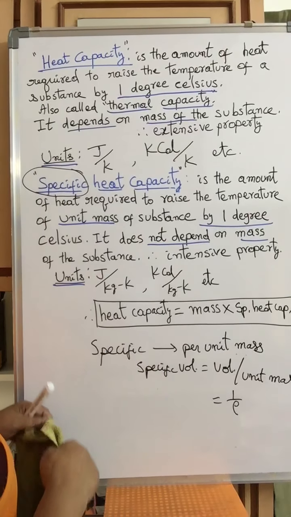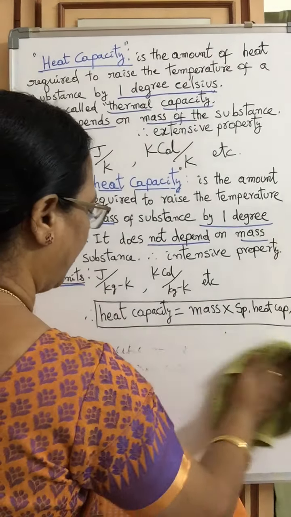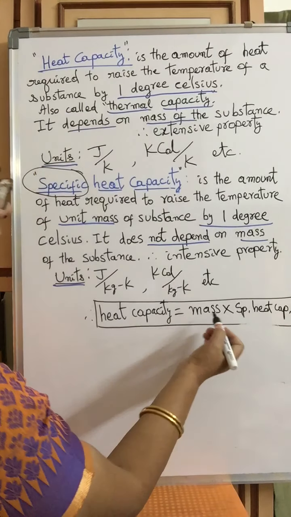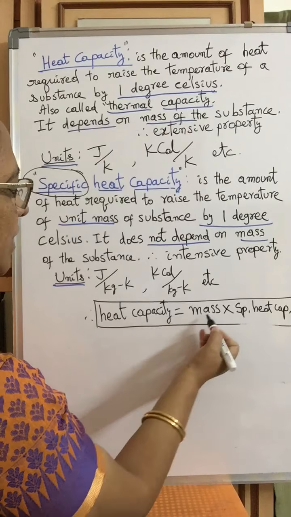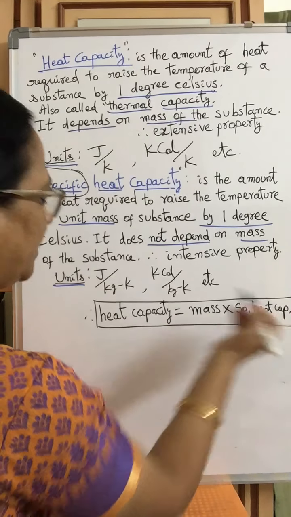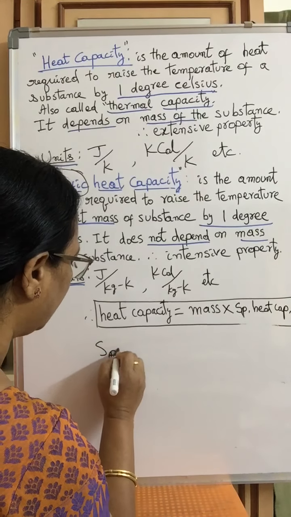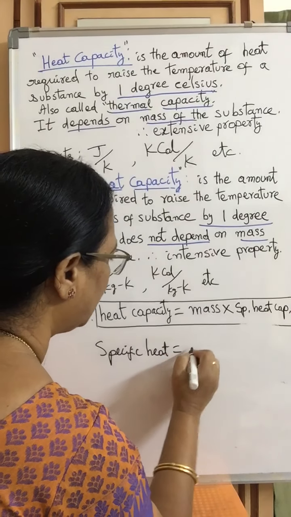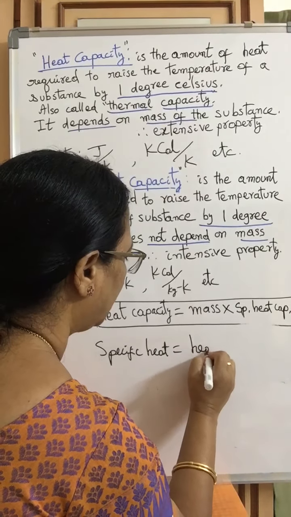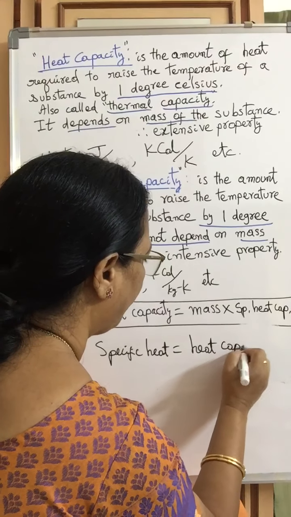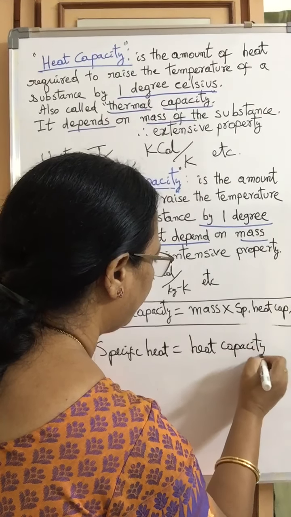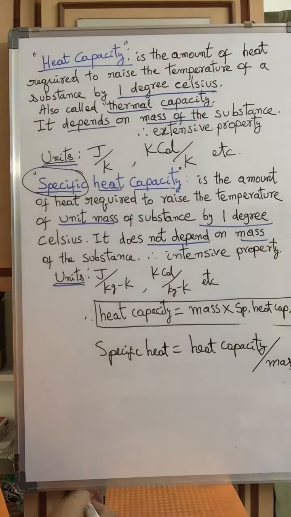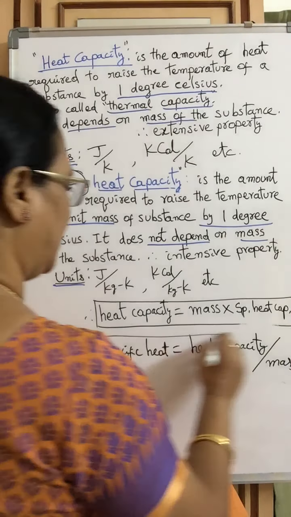In simple words, you can say heat capacity per unit mass. You can see heat capacity is equal to mass into specific heat. So specific heat is equal to heat capacity per unit mass. Okay, this is specific heat.